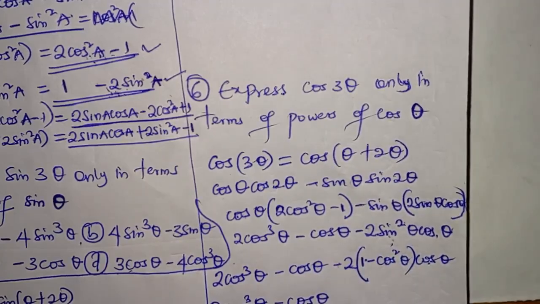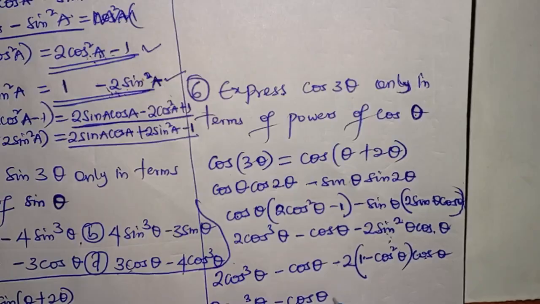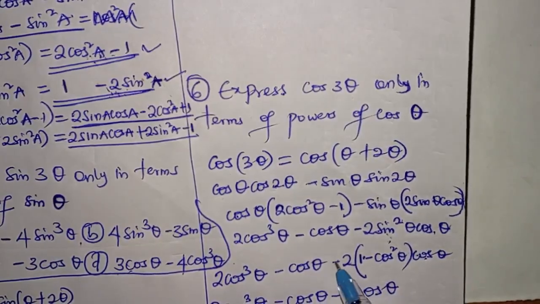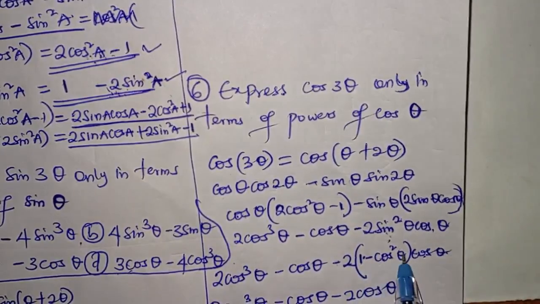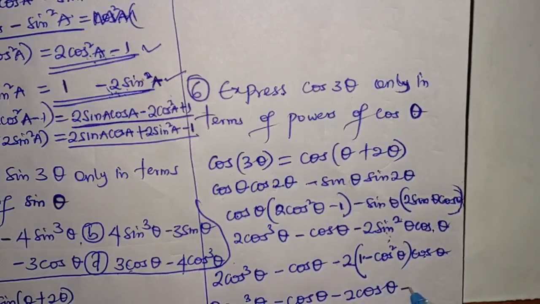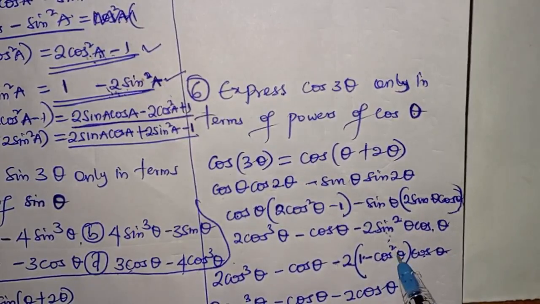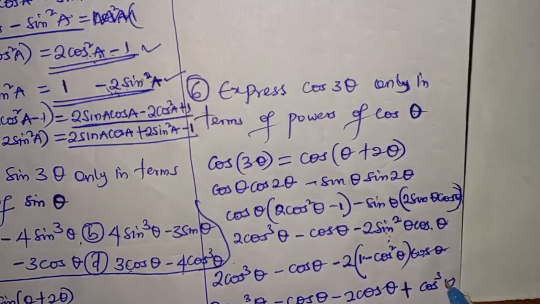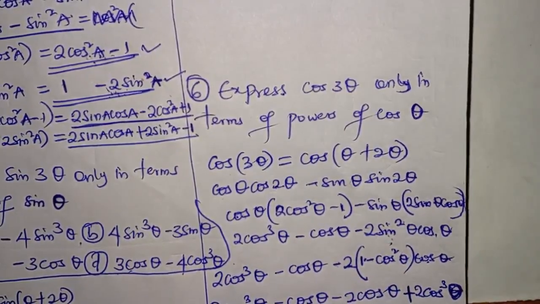So I'm going to say minus 2 cos theta times 1. Again, minus 2 cos theta times minus cos square theta. That will be plus, because minus times minus is a plus. Then cos square theta times cos theta will now be cos cube theta. Are you there? Then the 2 will also multiply this.